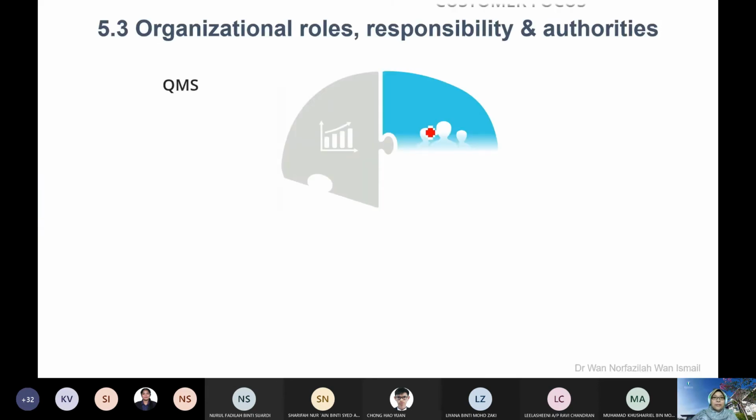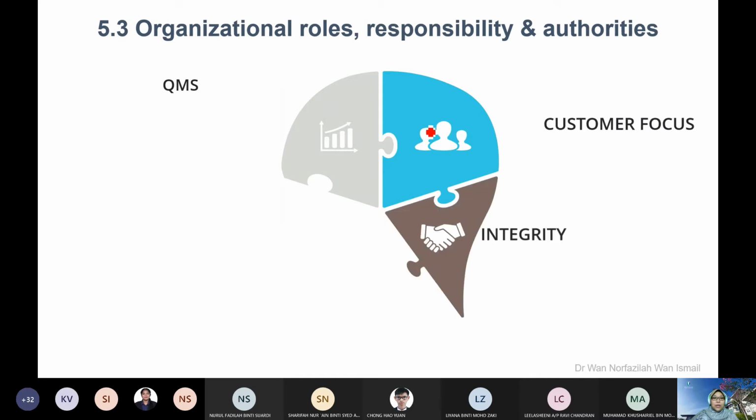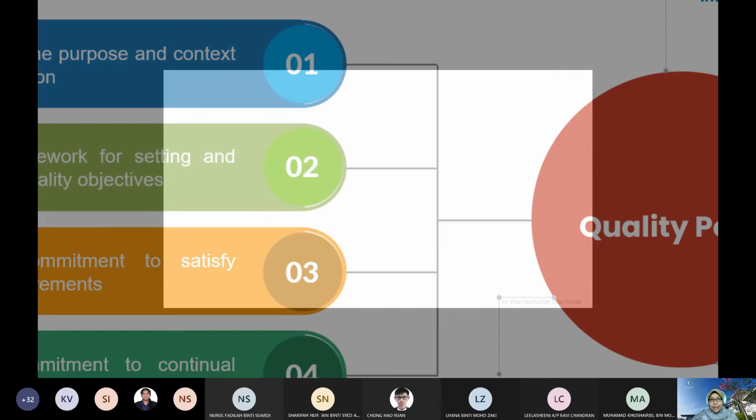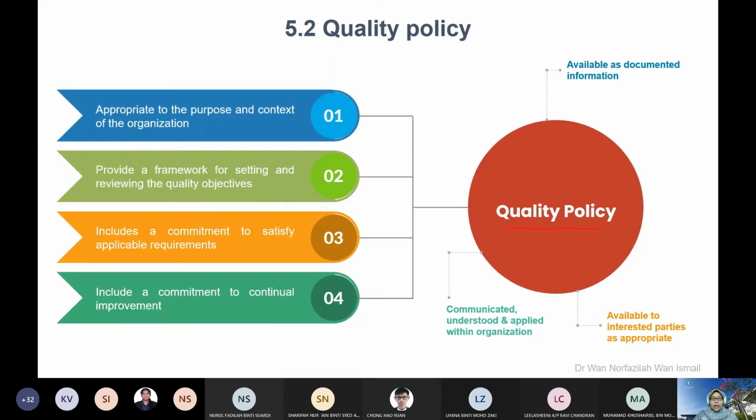5.3, still under leadership. We are talking about organization. Last time in the recording I shared with you previously, we stopped at quality policy, right? So today we are going to continue with subclause 5.3.